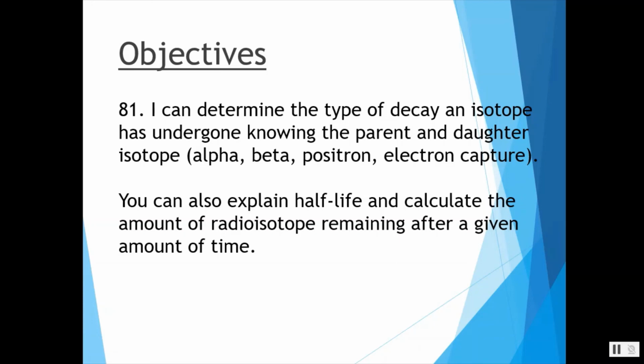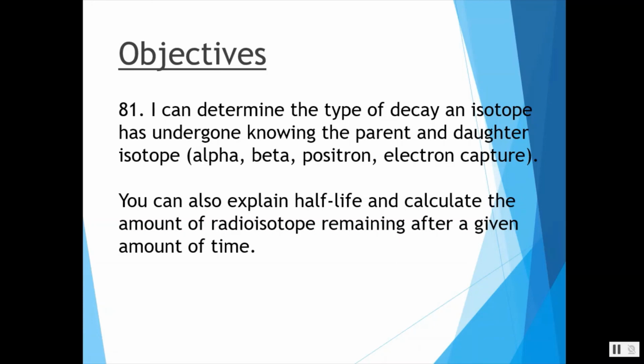You could also, given the daughter nuclide and the type of decay, determine what your parent nuclide was, or vice versa. If you were told the type of decay and the parent nuclide, you would be able to determine the daughter nuclide.